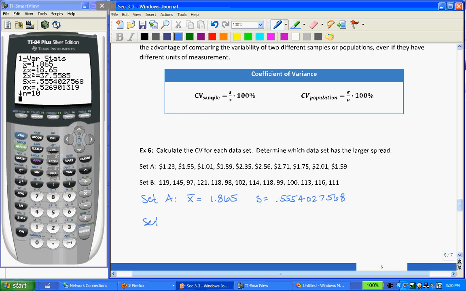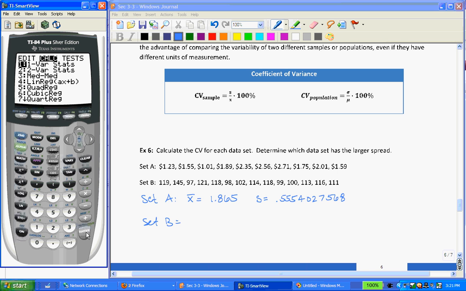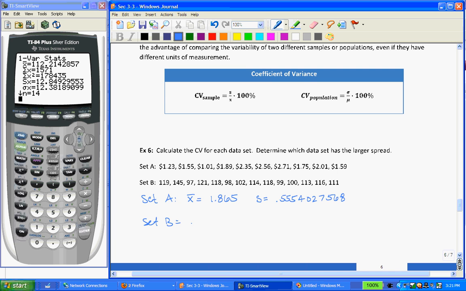And then for set B, so stat one variable statistics on list 2, X bar is 112.21, some extra decimal places, and the sample standard deviation is 12.84.